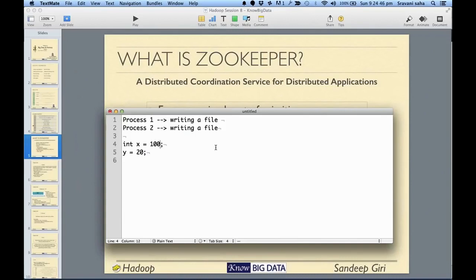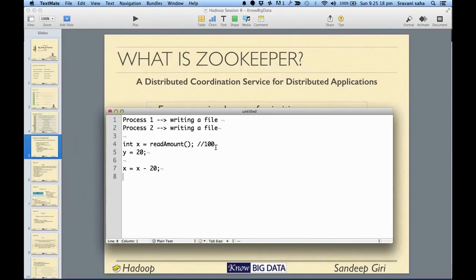We basically read the amount, let's say. This read amount led to 100 rupees at this point of time, so in your account there were 100 rupees. Now you took 20 out of it, so it became x minus 20.